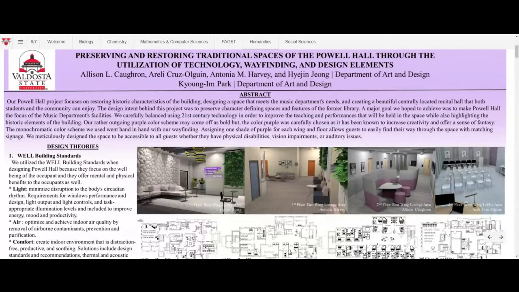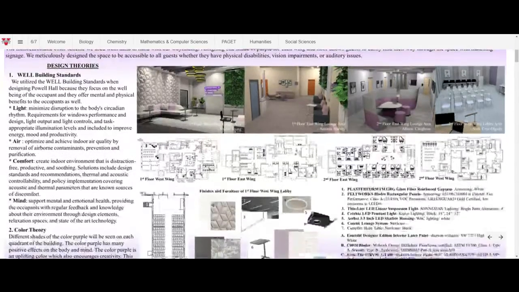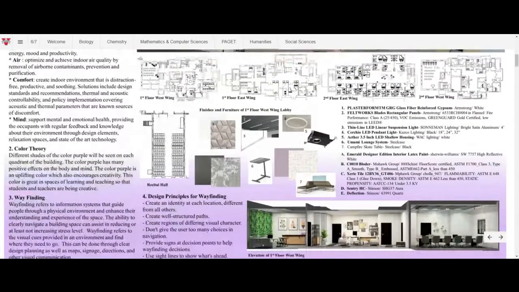So our research was focused on wayfinding and well building standards and other design elements like geometric design and sustainable design. So our Powell Hall project focused on restoring historical characteristic of the building, designing a space that meets the music department's needs, and creating a beautiful centrally located recital hall that both students and the community can enjoy.